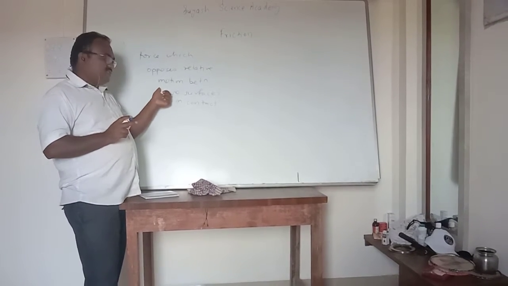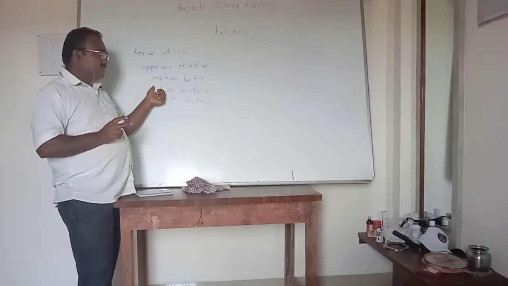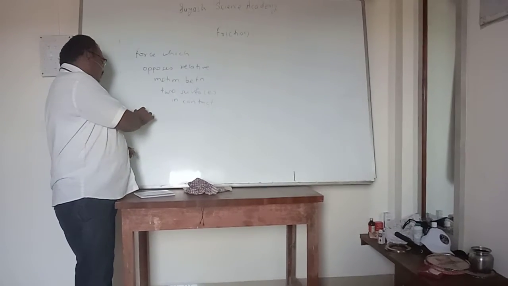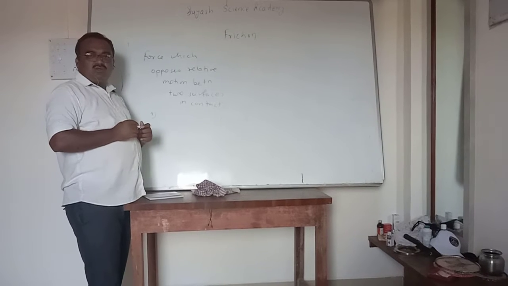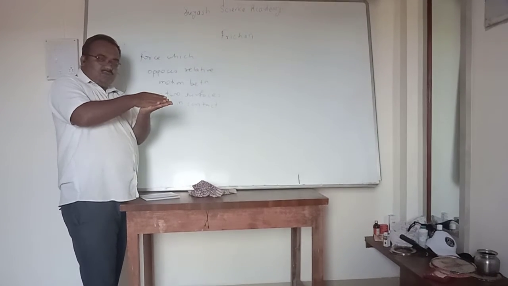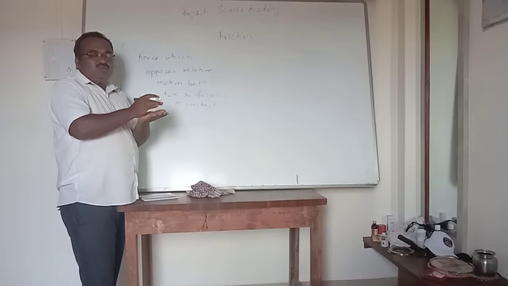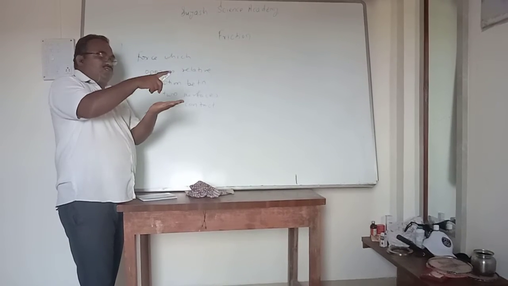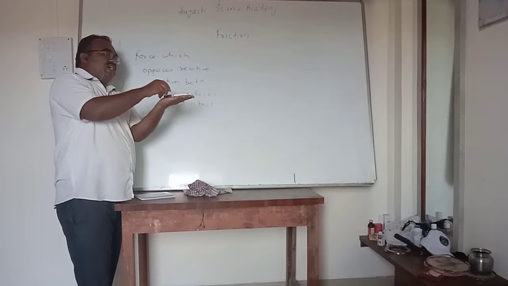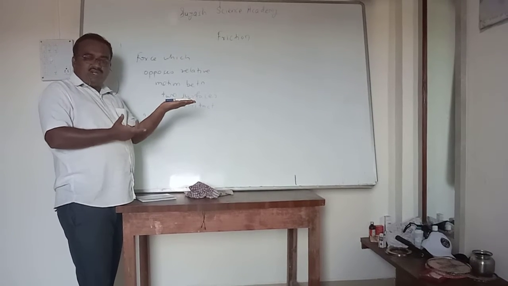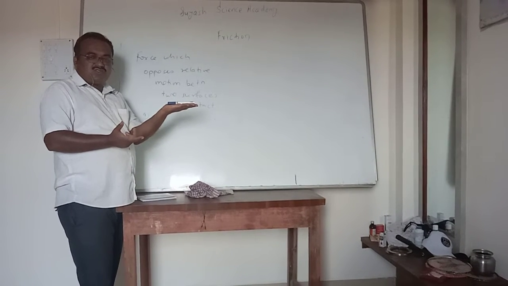There are two necessary conditions for friction. First condition: the two surfaces must be in contact. Second condition: there must be relative motion between these two surfaces. If one object is lying over another surface and there is no relative motion, then friction does not occur.